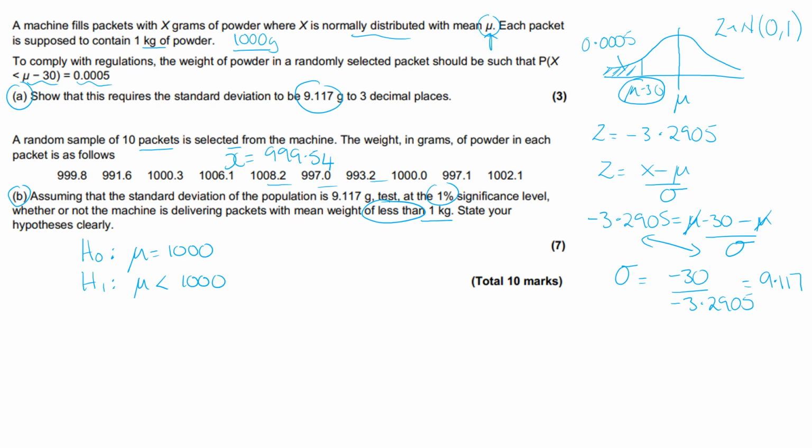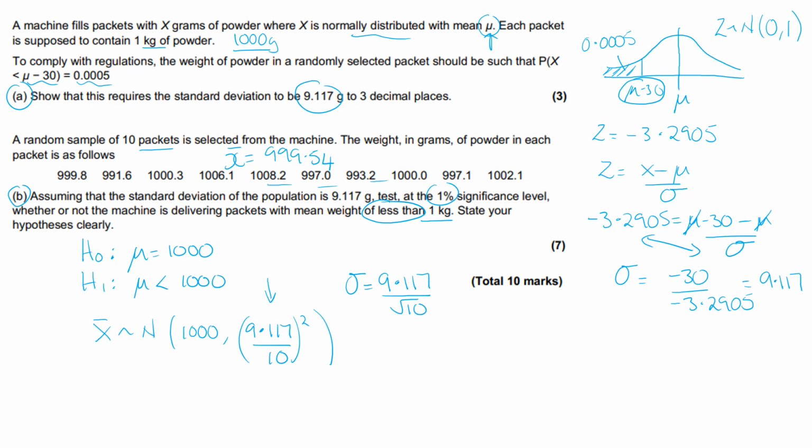But because we've got a sample, our sample means are also normally distributed with 1,000, and then it's the 9.117 divided by the sample size, and all that needs to be squared because it's variance that goes in there. So when we're going to be using our calculators, our standard deviation is going to be 9.117 divided by the square root of 10, and that's because we've got a sample.